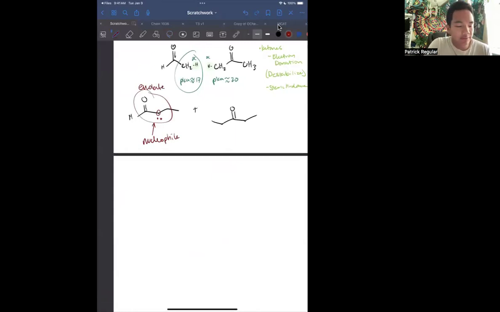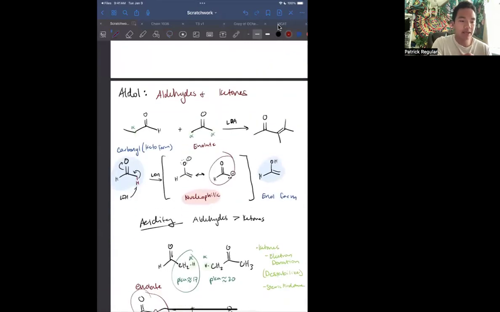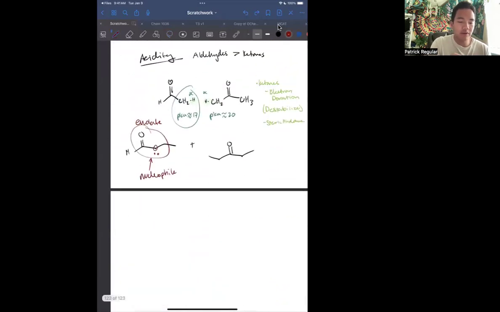The enolate is going to be the nucleophile. And what do you know? We have a carbonyl carbon that's a very perfect electrophile. When we have a nucleophile and an electrophile, we just add it. So these lone pairs pretty much just come in and add right there.